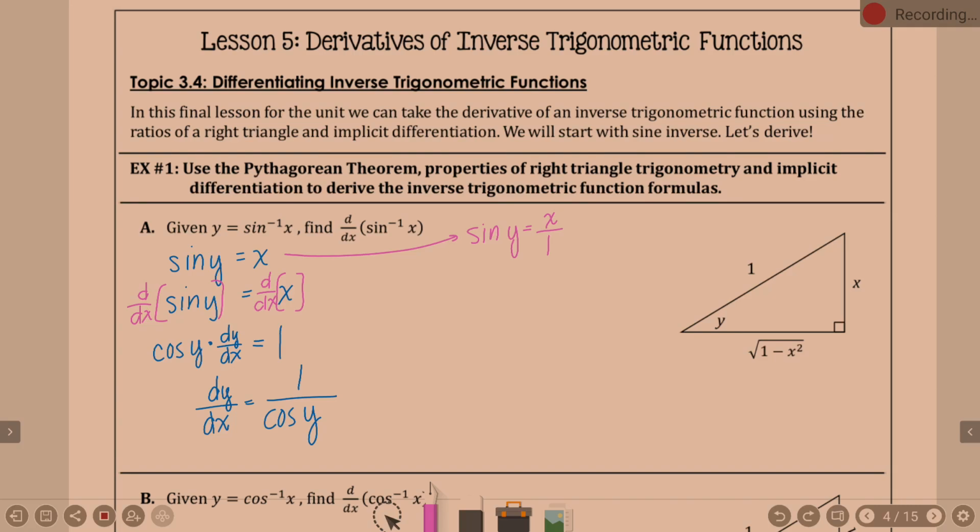So here's angle y. Sine is opposite over hypotenuse. So x is the opposite, 1 is the hypotenuse, thus x over 1. Where does square root of 1 minus x squared come from?